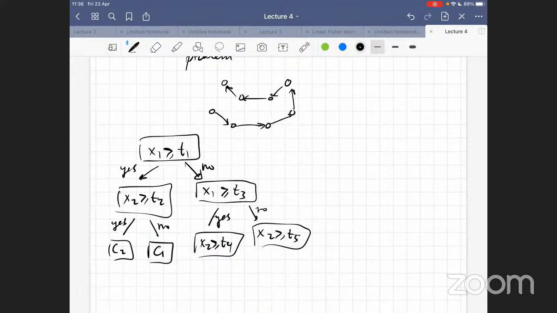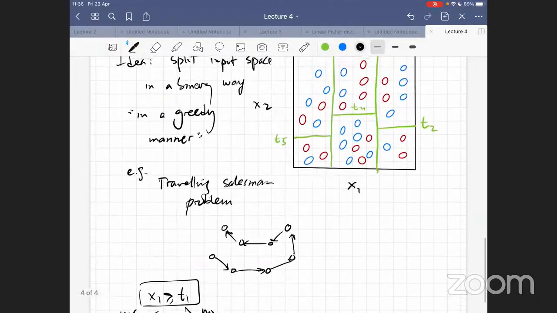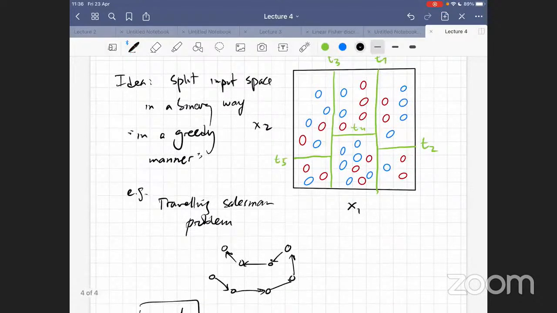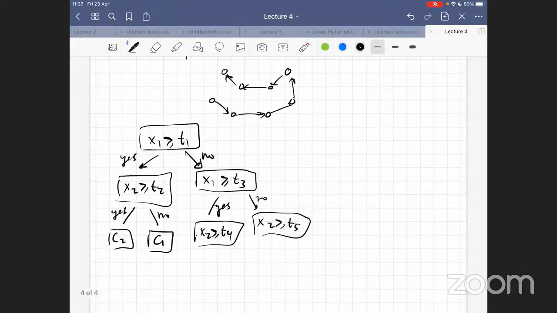And then if x2 is larger than T4, I'm talking about this region here, then I will decide for class 1. This is the red class. If not, class 2.